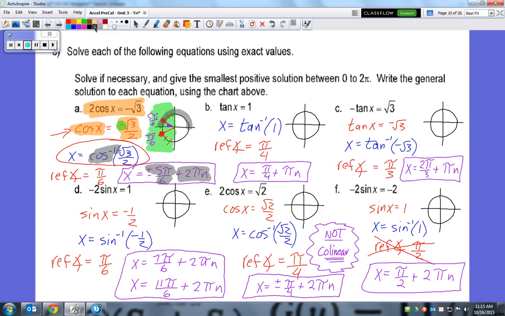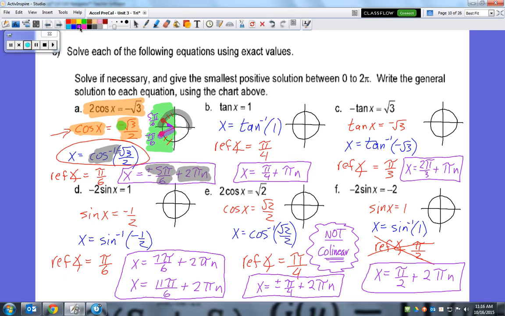Now, that only takes care of all of these answers. 5 pi over 6, and then a full circle to the next. So that's adding 2 pi, adding 2 more pi's, so I've already added 6 pi, and so forth. It's never going to hit my other possible answers that lie over here with this 7 pi over 6. So how do we get that?